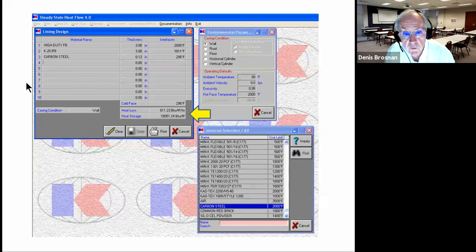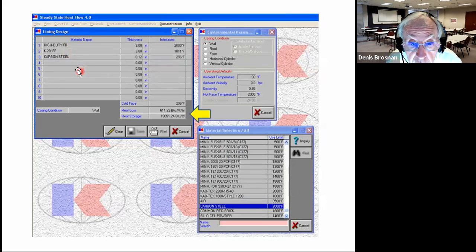Then I went on to put my cursor in number 2. I selected material number 2, and in this case, looks like I picked a K20 insulating fire brick. Well, that is a brand of thermal ceramics. K is their designation. 20 means 2,000 degree duty rating.